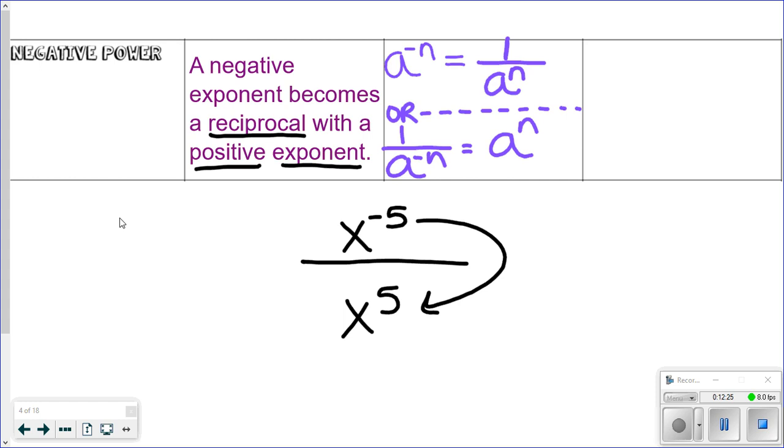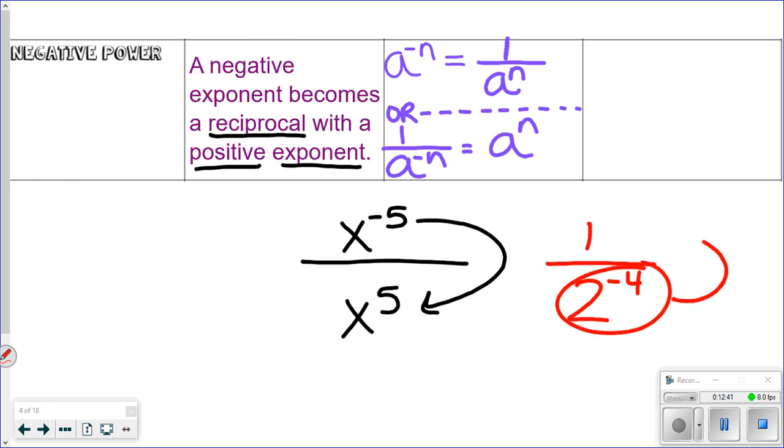Or, let's say we have somebody living in the basement, and they're unhappy, meaning they have a negative exponent. We need to move them. We want to move them up into the numerator, and when we move them, they become happy, they become positive.